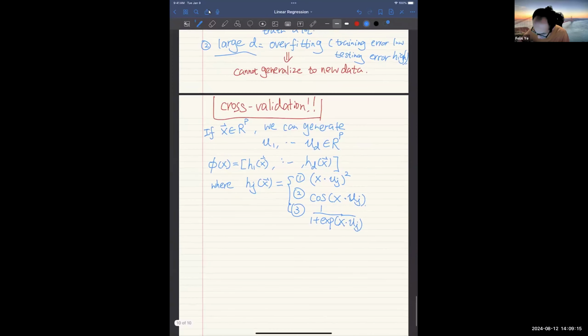Okay, and then let's go back to cross validation, and I want to show you how to use cross validation to prevent overfitting.